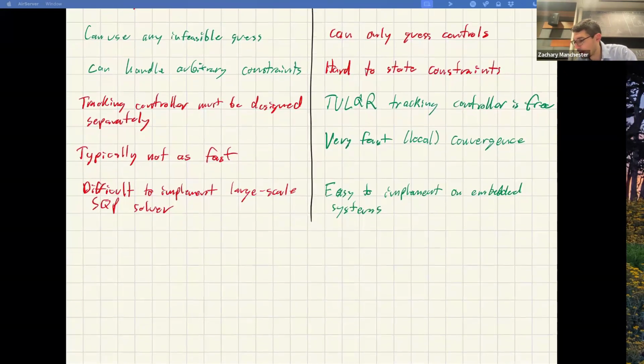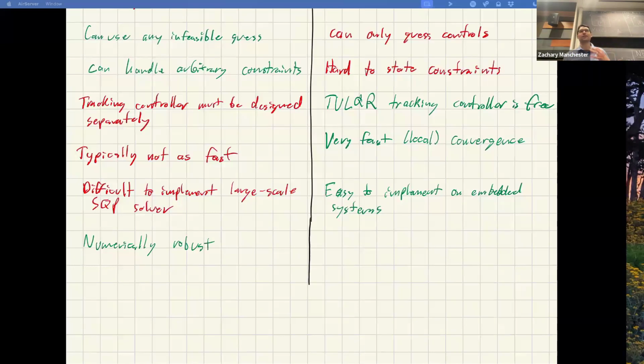And then the last one I'll mention is that you may have already seen hints of this, but generally speaking, these large scale SQP solvers are super robust. They have lots of guardrails in them, and they tend to be numerically very robust. They've got lots of features for dealing with ill-conditioned problems and infeasible constraints and all that stuff. So they tend to be pretty bulletproof. Whereas if you write your own DDP, it's not.